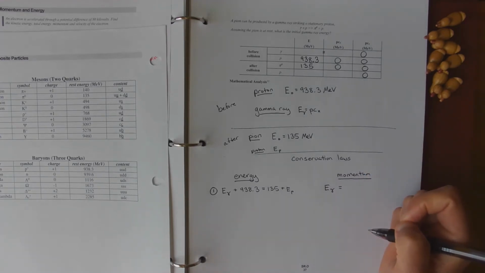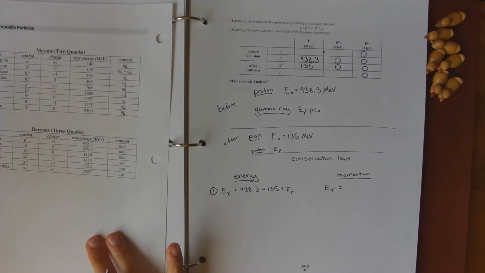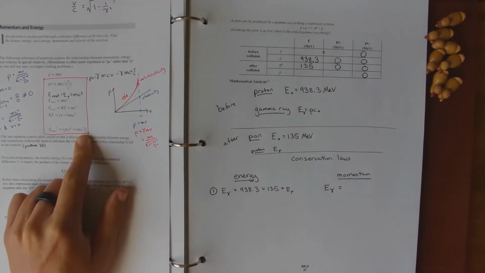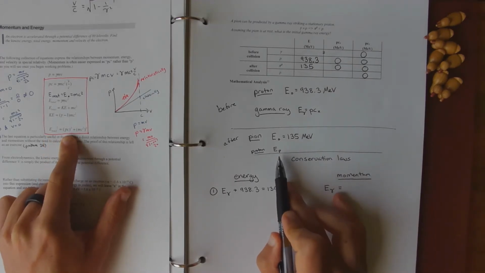So we want a relationship between the total energy for the proton after the collision and the momentum. So let's go back here. I know the rest energy for the proton.